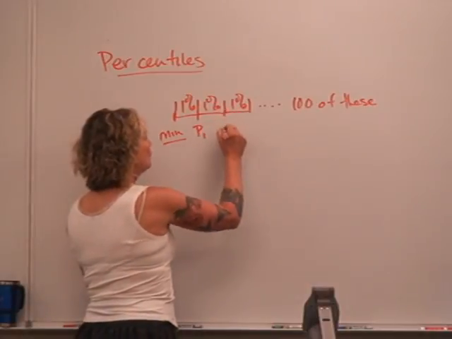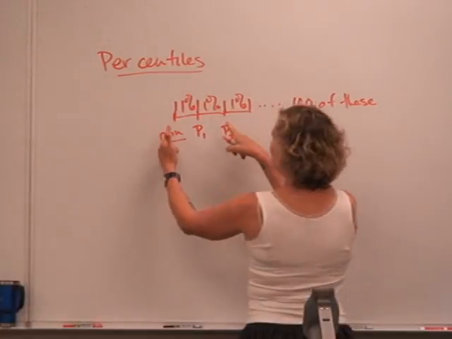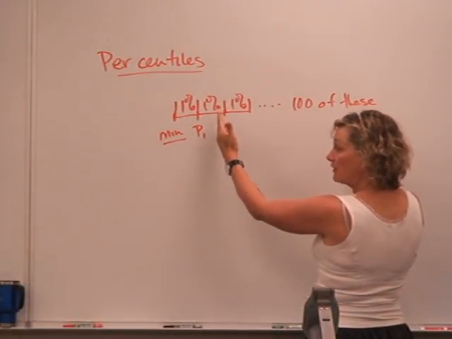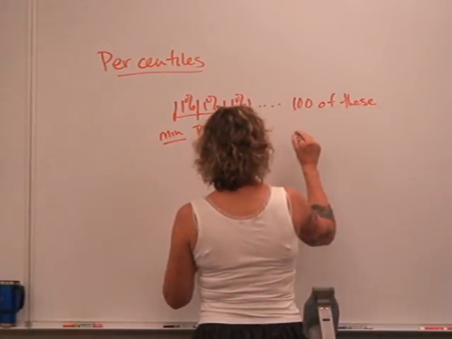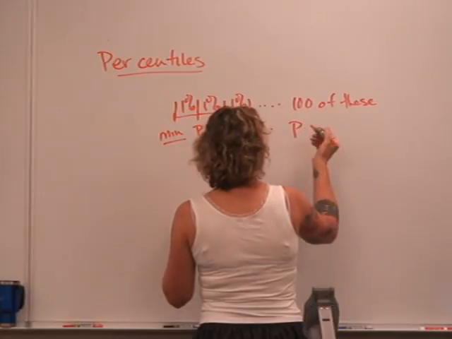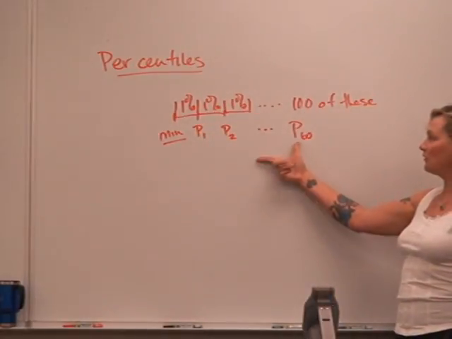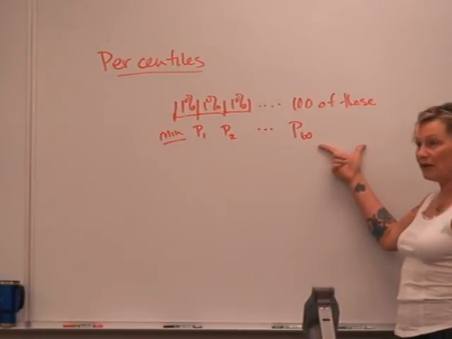Like P2 would be such that 2% of the data is at or smaller than that number, 98% is at or larger, and so on and so forth. So like P60, 60% of the data is going to be at or smaller than that number, 40% at or larger.